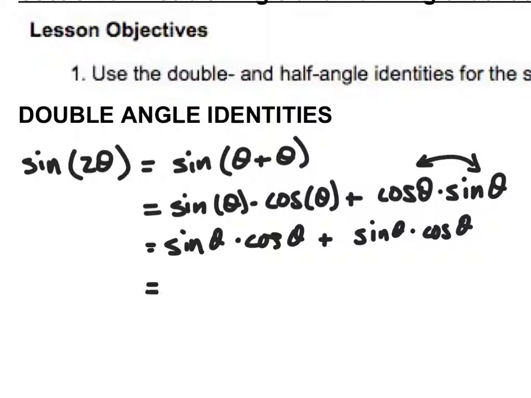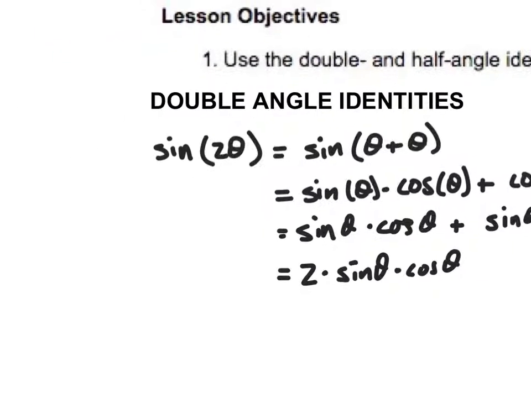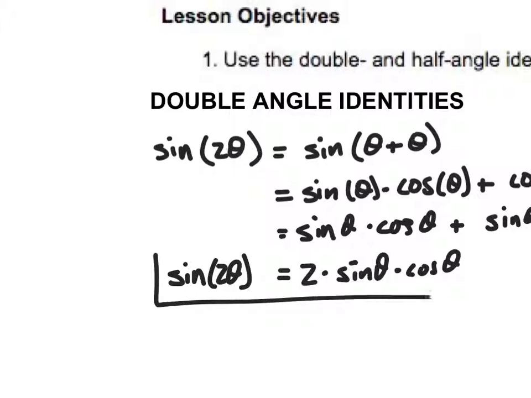So now I have 2 times sine theta times cosine theta, and that's all going to equal sine of 2 theta. And this is my identity, where we arrive after we expand this out. So that's my first double angle identity.